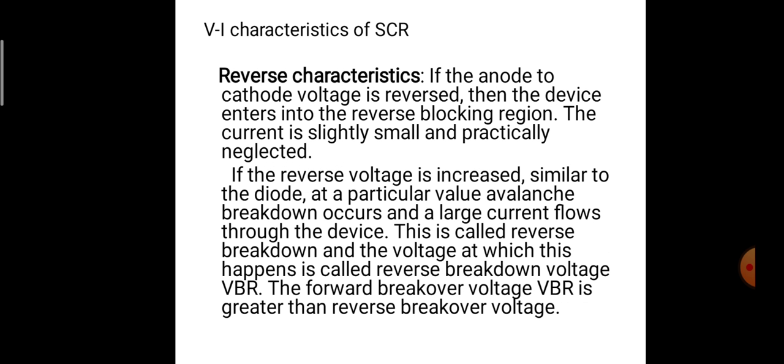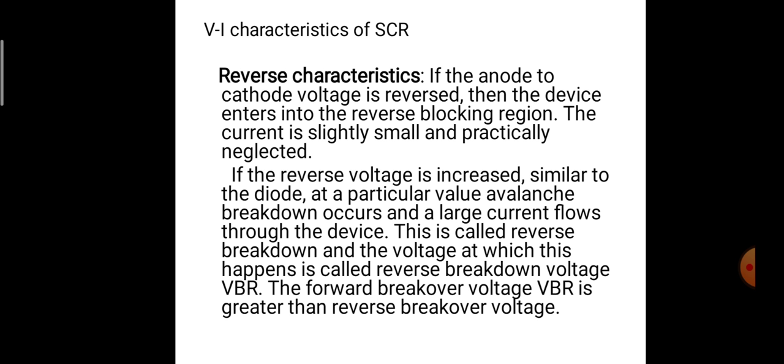Reverse characteristics. If the anode to cathode voltage is reversed, then the device enters the reverse blocking region. The current is very small and practically neglected. If the reverse voltage is increased, similar to a diode, at a particular value avalanche breakdown occurs and a large current flows through the device.